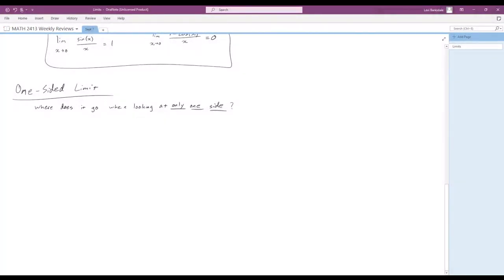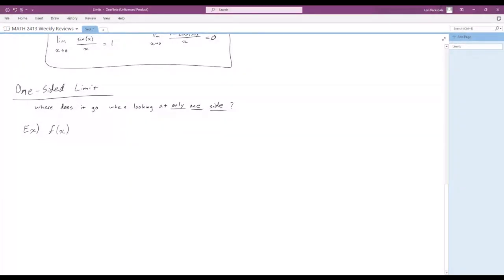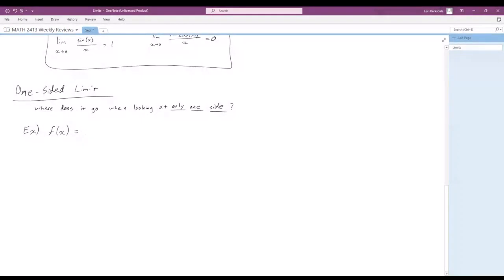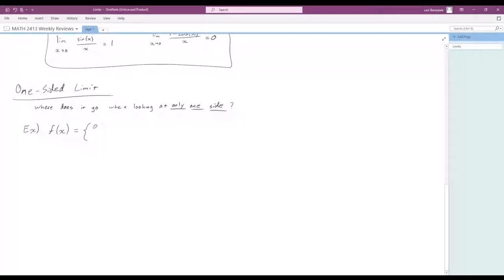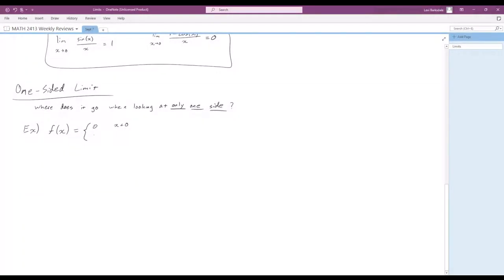Okay, so we'll start with an example. And this example is going to be a piecewise function because I like piecewise functions. So we'll say our function is defined pretty simply. It's going to be 0 for negative x values, and it's going to be 1 whenever x is positive or equal to 0.